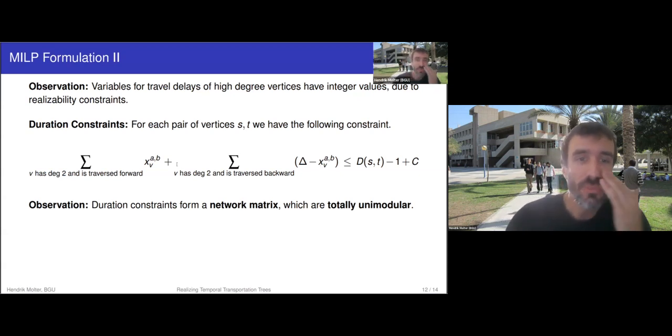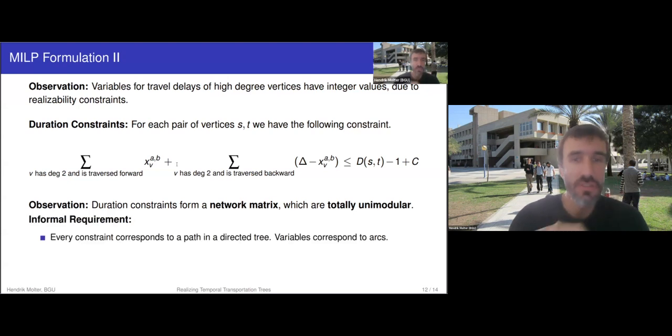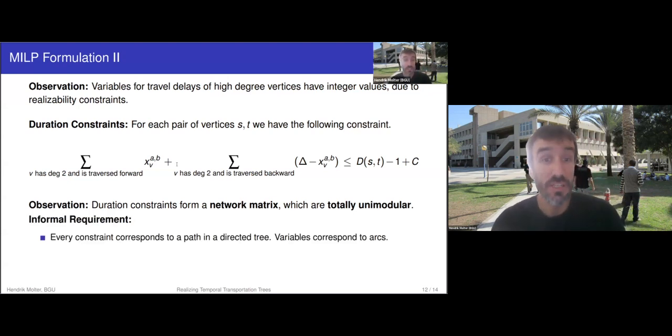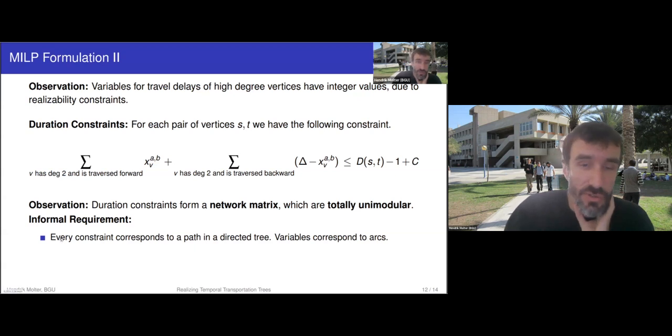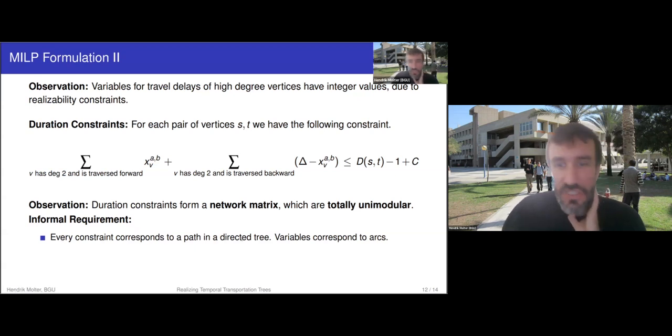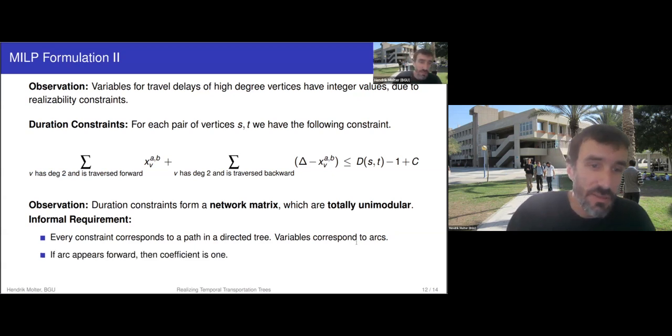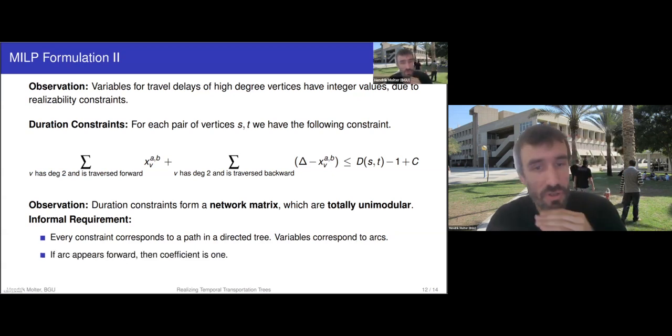And informally speaking, the requirement of a matrix being a network matrix is as follows. So every constraint corresponds to a path on some directed tree, and the variables correspond to the arcs on that path. And if an arc appears forward, then the coefficient should be 1.